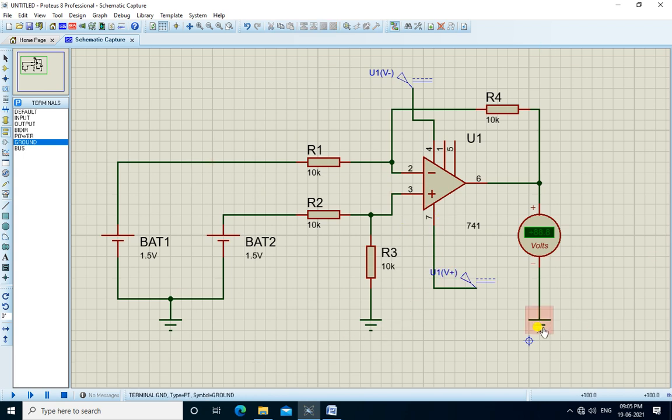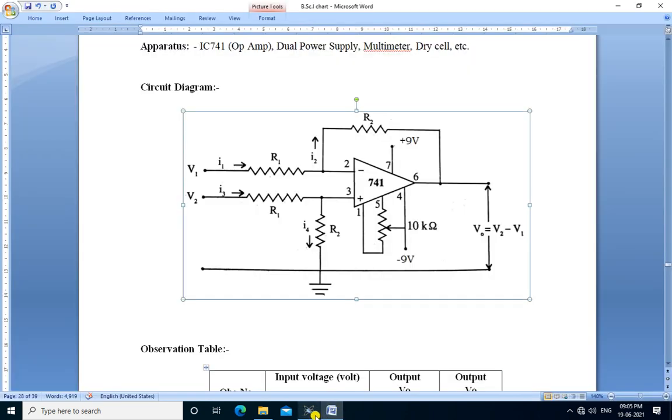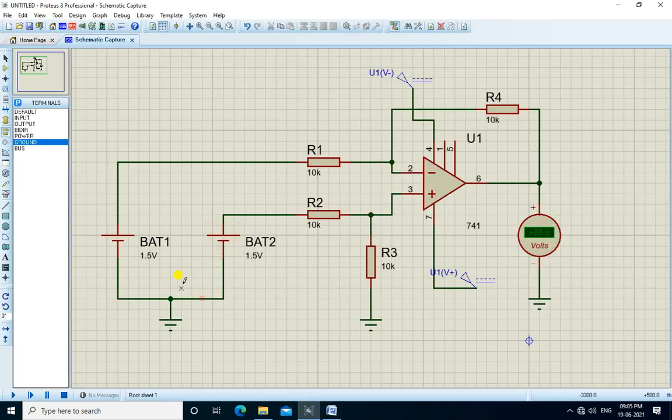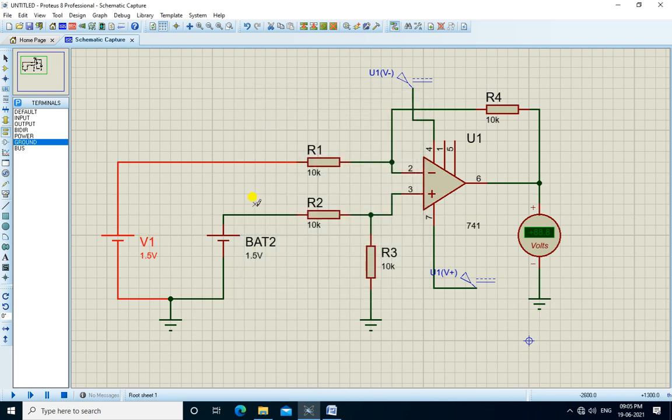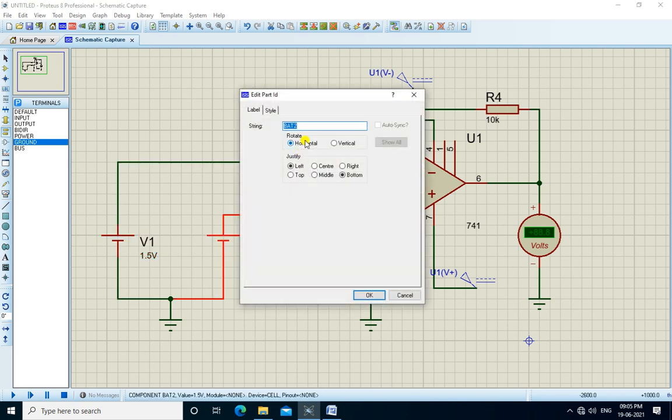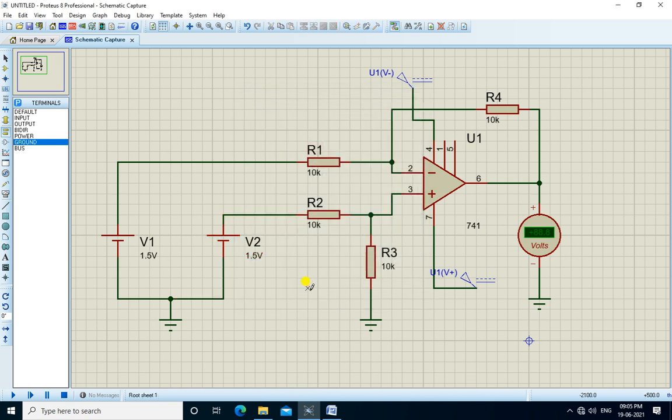So the circuit is connected. We change the names of these batteries: battery 1 is V1 and battery 2 is V2. Okay, we run the simulation.